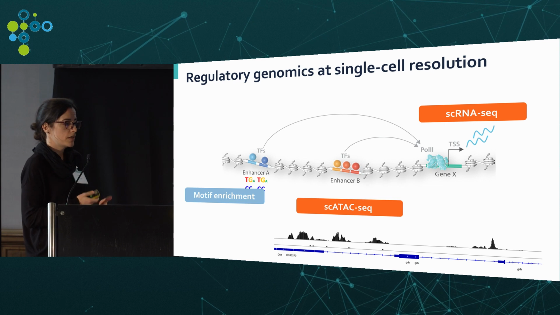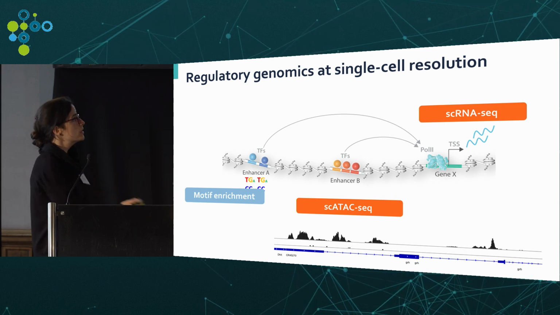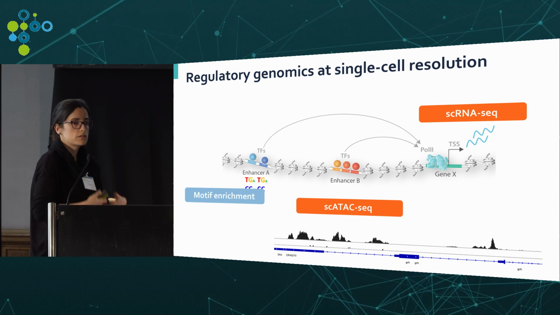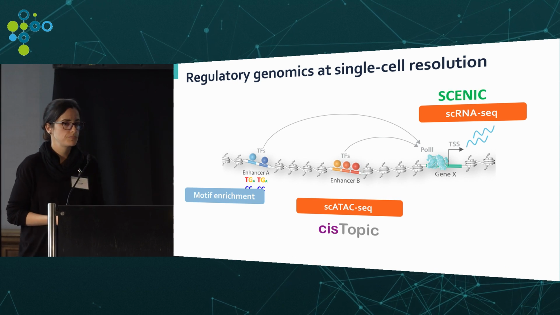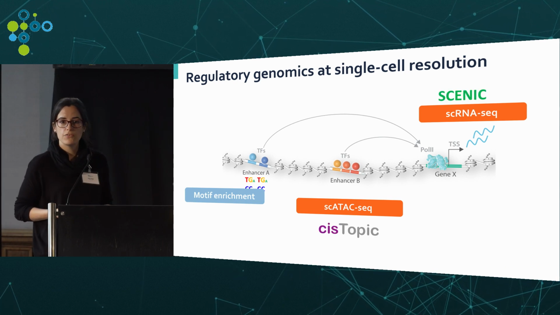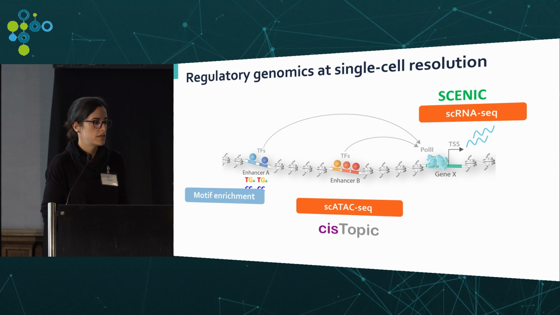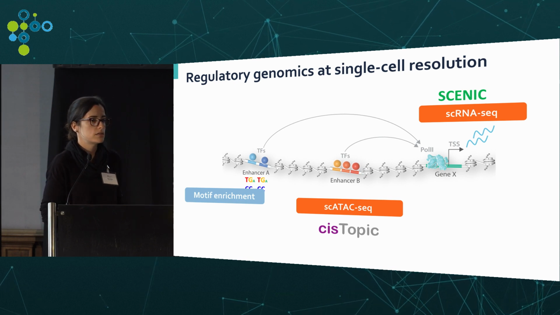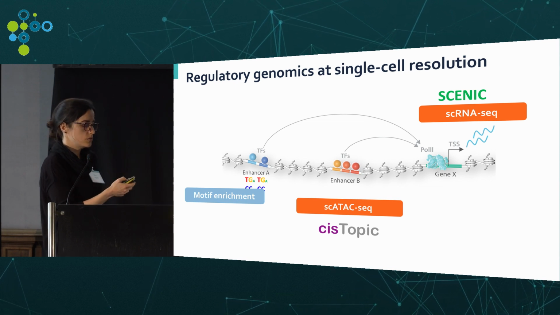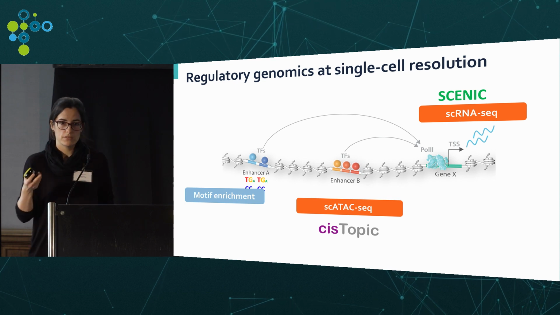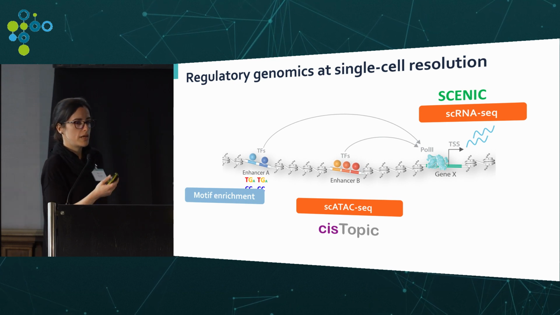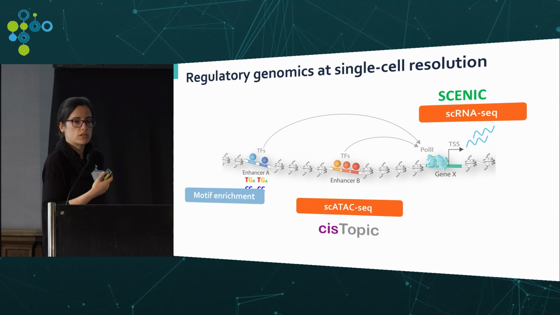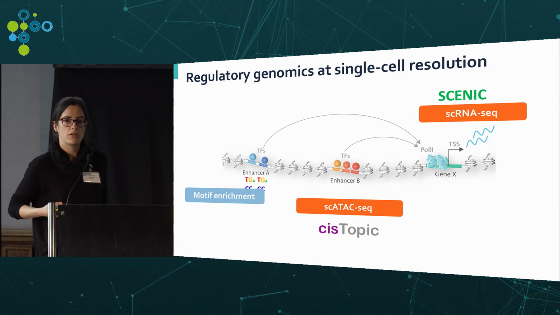So we have developed a couple of approaches to reconstruct and study these regulatory networks. Since this is a computational conference, rather than presenting a specific study, I will be explaining these two methods. That way you will have a better understanding of how they work and hopefully be able to apply them on your own samples, or even modify them or get inspired to develop your own methods.